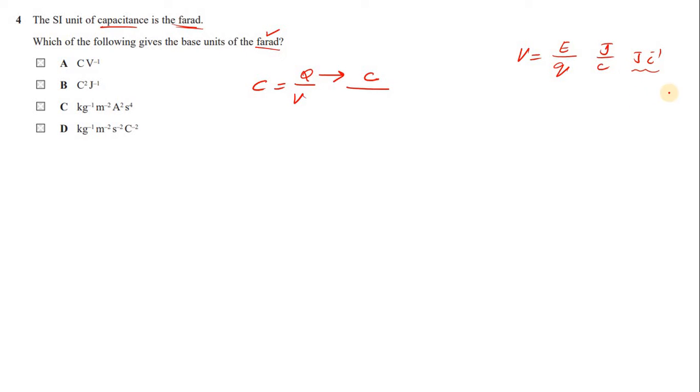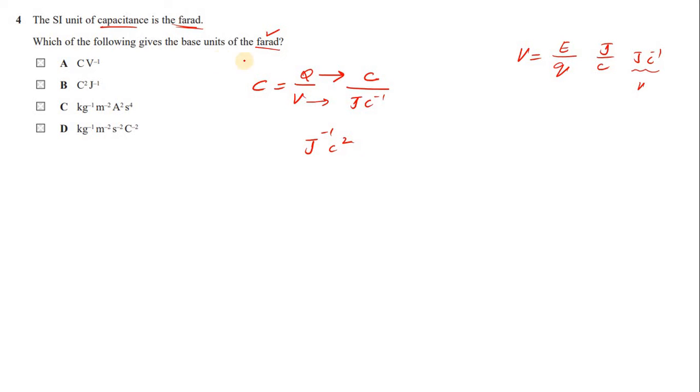So the unit of V is J C inverse. So you can rewrite these as J inverse and C square.